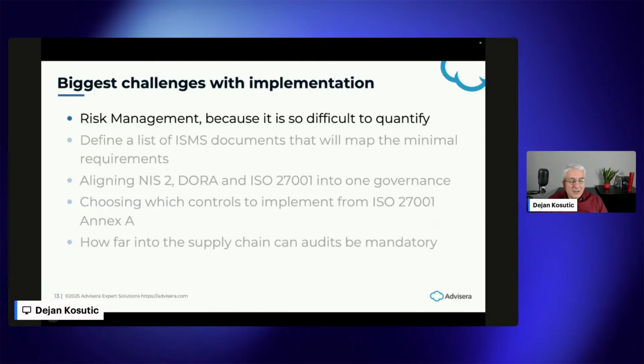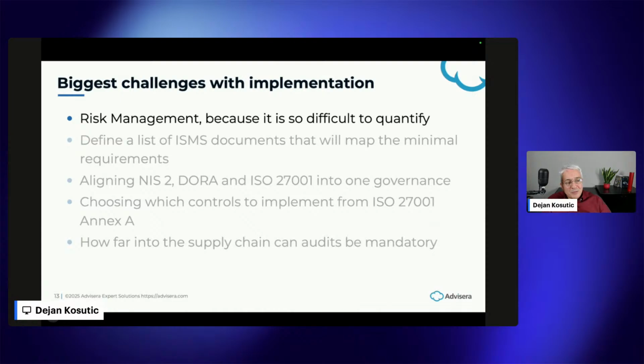In my view, if this is a small company, it's enough to have a very simple scale for assessing impact and likelihood, like low, medium, and high. This is enough if a smaller company wants to get compliant with ISO 27001.